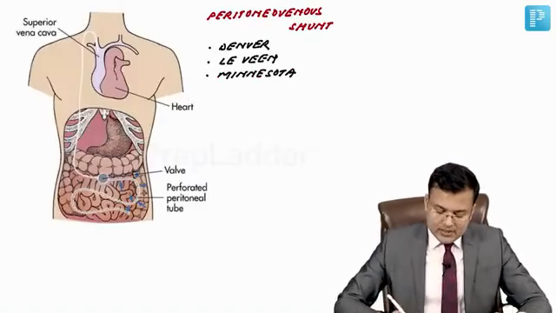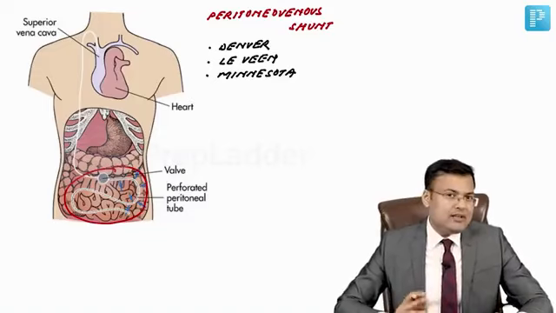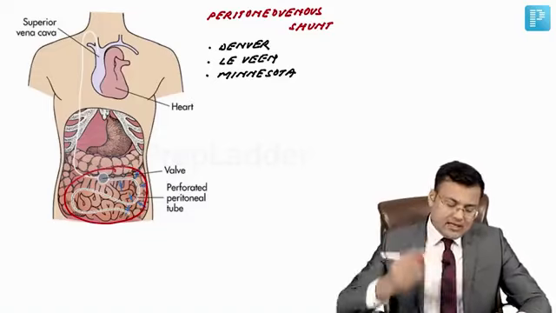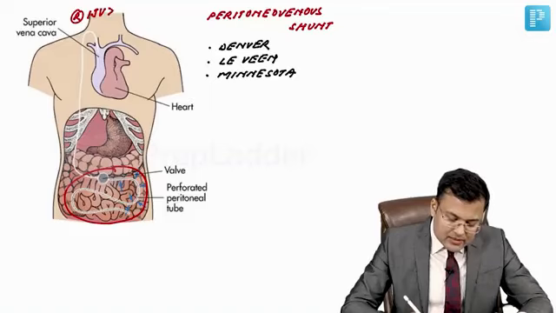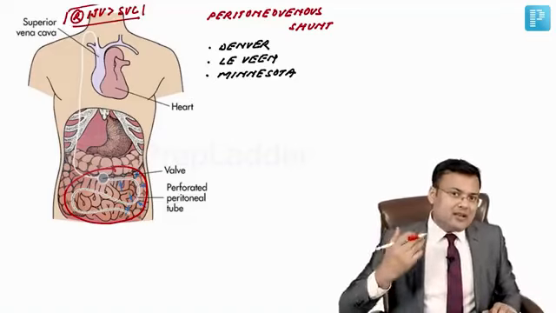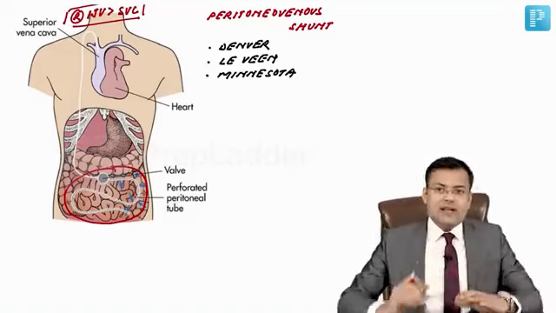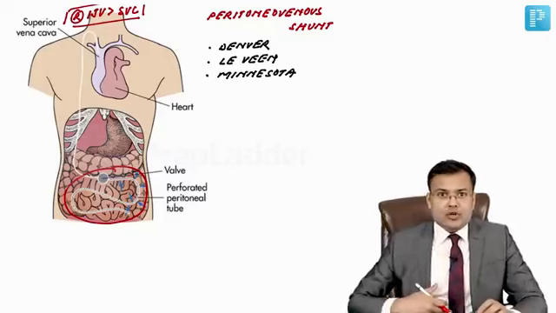In this diagram you can see that one end of the shunt is placed in the peritoneal cavity and another end is connected to a vein. Which vein? In the majority of cases the right internal jugular vein, and in some patients the superior vena cava. So what's the name of this shunt?